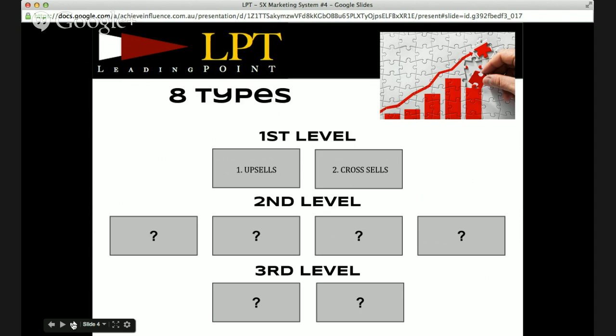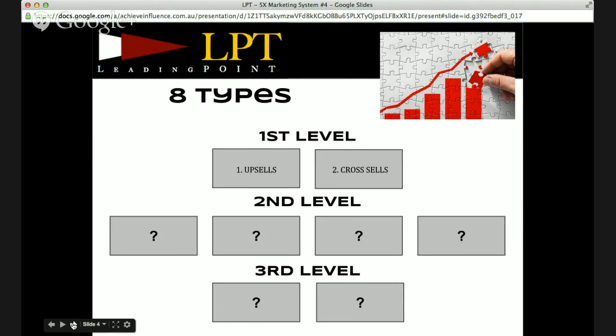Let me point something out to you really quickly here. Someone's already asked the question in the chat box: can you go for the power ones straight away? And the answer is no. Well, let me take this back a step. The obvious answer is yes, you can do this.